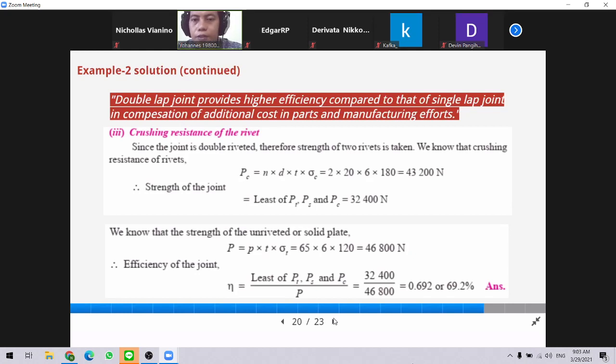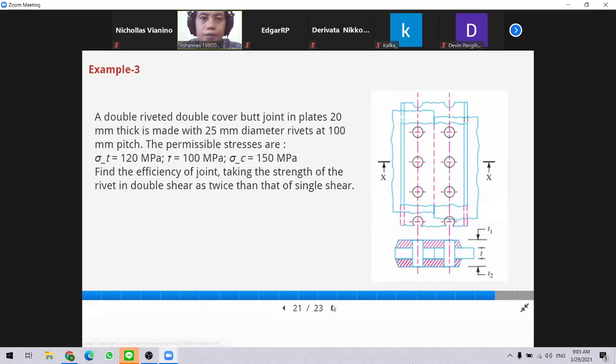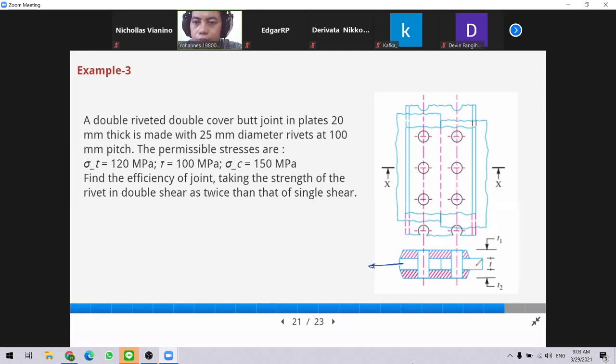Okay, let's continue to the next example here. Here we have double riveted with double covered butt joint. So this is the working load here on the main plate.